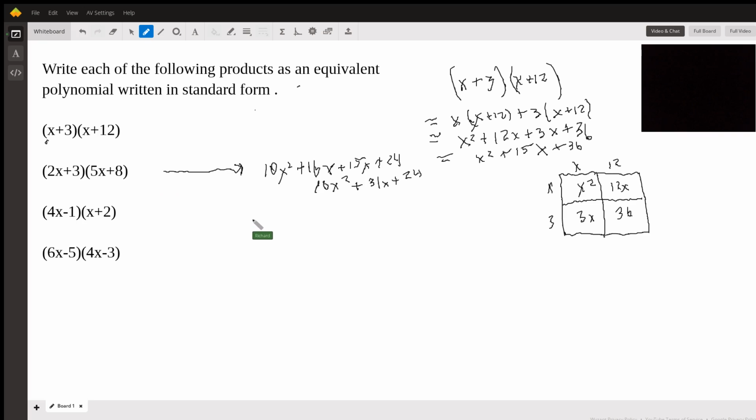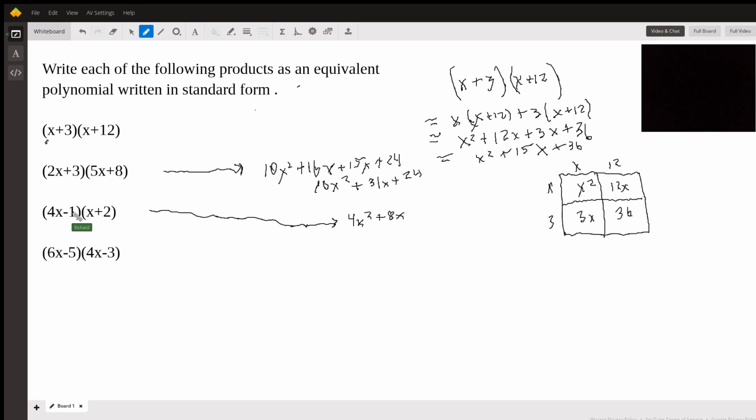And then we'll do this one over here. I'll start with the 4x and distribute the 4x against the x plus 2. So 4x times x gives me 4x squared, and 4x times 2 is going to give me 8x.